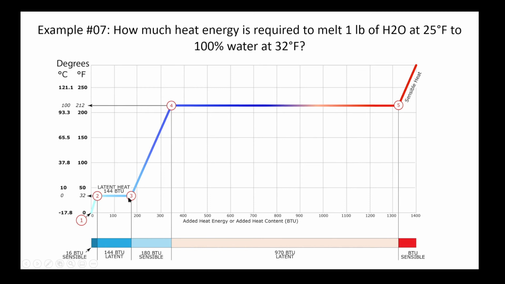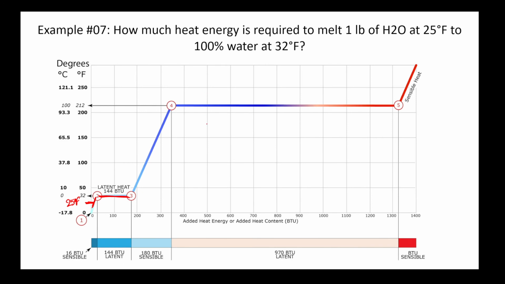I think there are two parts to this calculation. One part is heating up from 25 degrees Fahrenheit to 32 degrees Fahrenheit, and the other part is melting, which is between point 2 and 3.